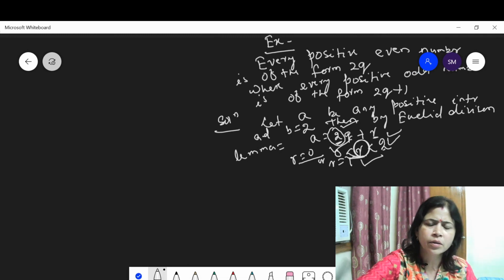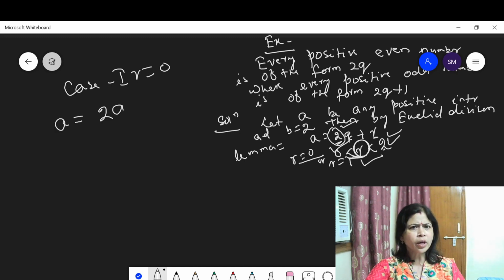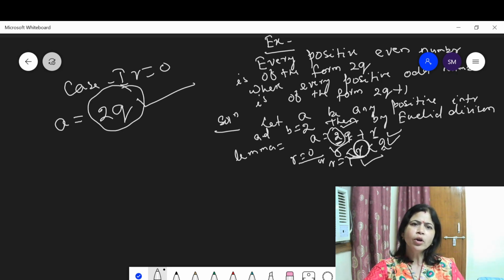Now let us discuss. According to case 1, r is equal to 0. When r is equal to 0, a is equal to 2q. Then this is a number which is divisible by 2. This means this is an even number.